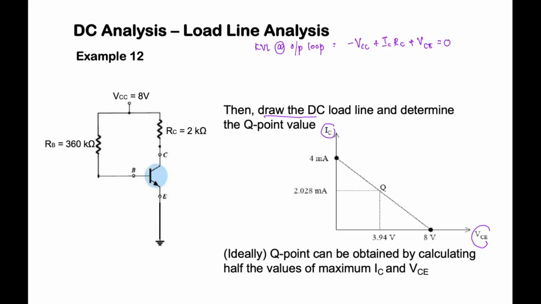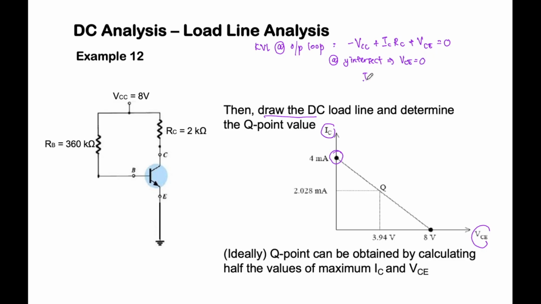VCC minus IC RC minus VCE equals 0. To get this particular point, at the y-intercept, our VCE is equal to 0.